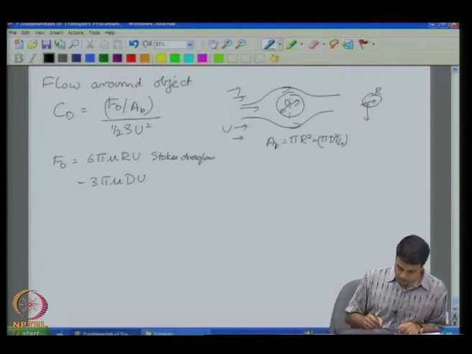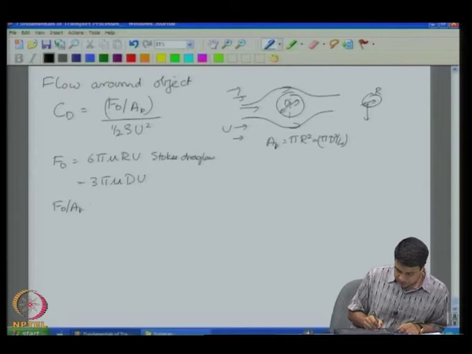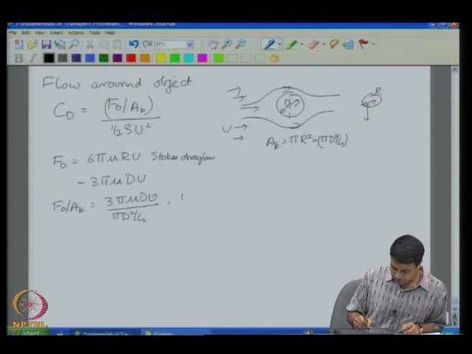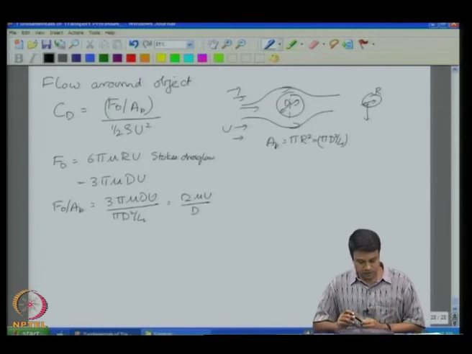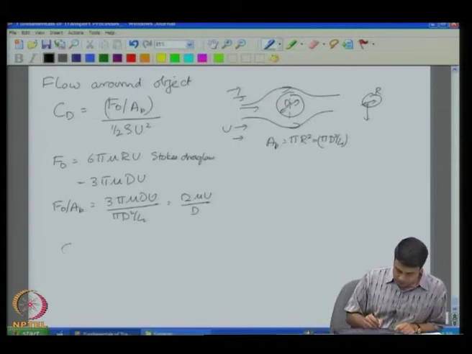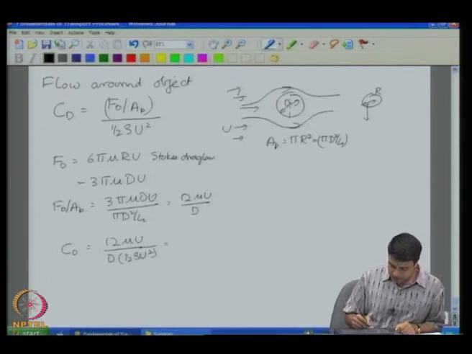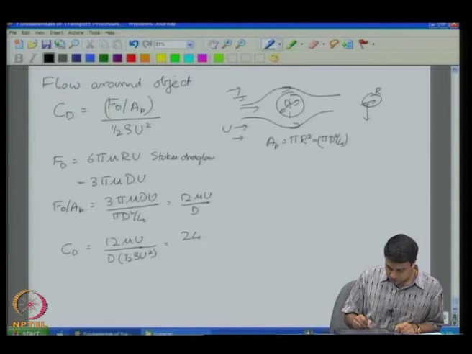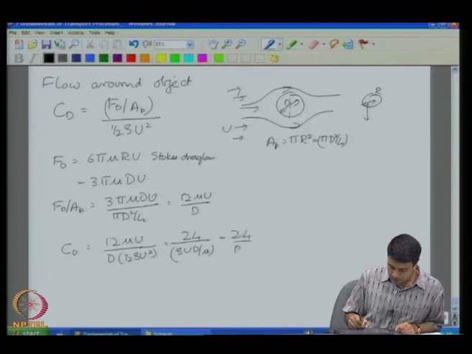Therefore, F by A p will be equal to 3 pi mu d u by pi d square by 4, which is equal to 12 mu u by d. That is the stress, force per unit area. So, C d is equal to 12 mu u by d into half rho u square, which is equal to 24 by rho u d by mu, equal to 24 by Re.